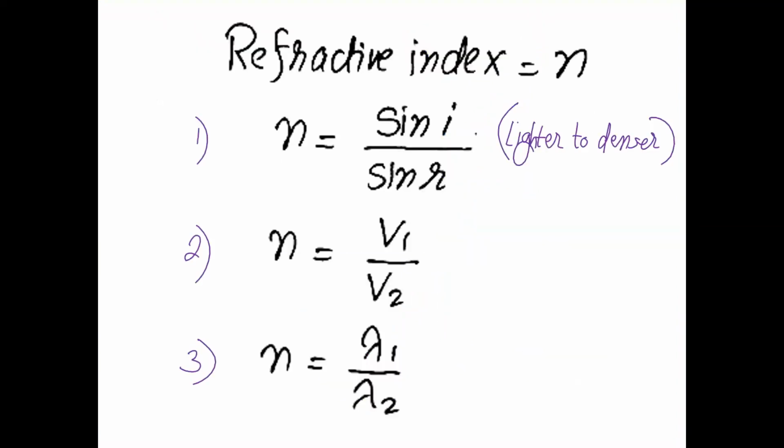Now look at three important formulas. Refractive index n is equal to sin i upon sin r. Refractive index is a measure of bending of a wave. n is equal to v1 upon v2, and n is equal to lambda 1 upon lambda 2. You have to copy this.